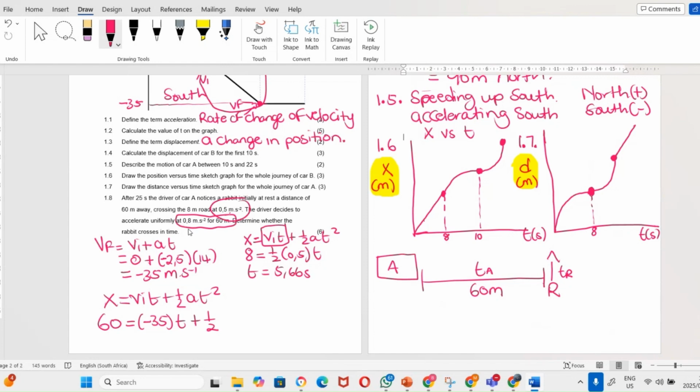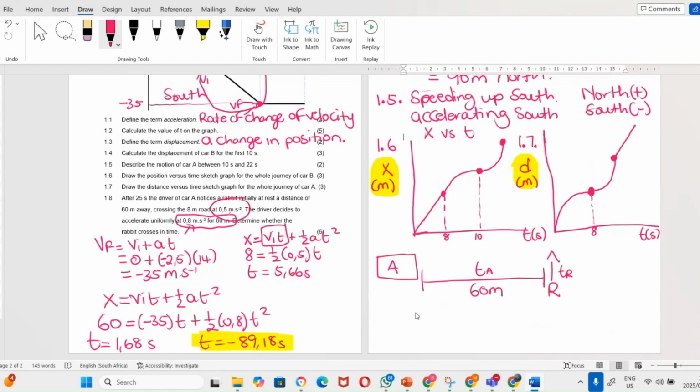We know the acceleration as given in the question is 0.8 here. Then we're looking for t. So obviously we can change that to a quadratic and use our calculators to solve for the quadratic and get values of t. When we do that, we should get t is equal to 1.68 seconds, or t is equal to negative 89.18 seconds. Now, we all know that time cannot be negative, so that's not a viable option.